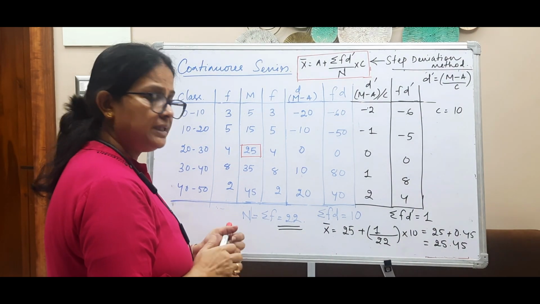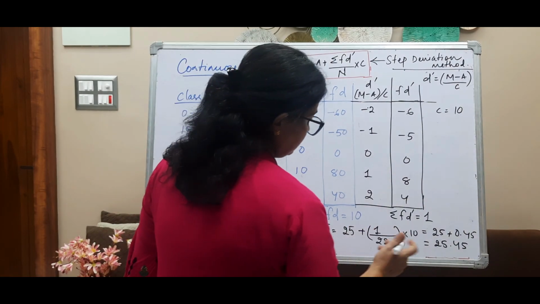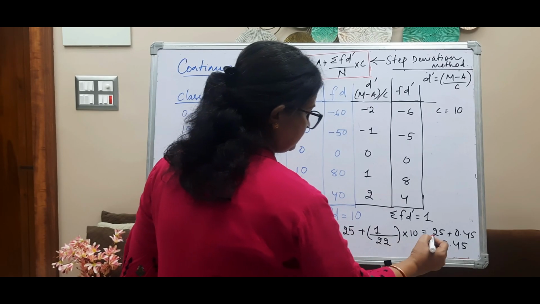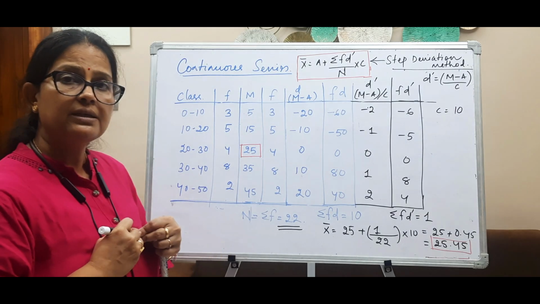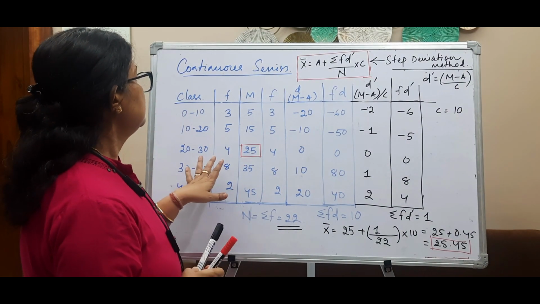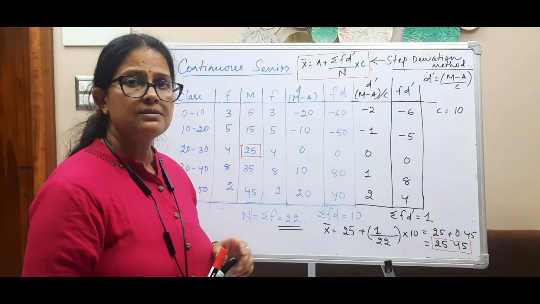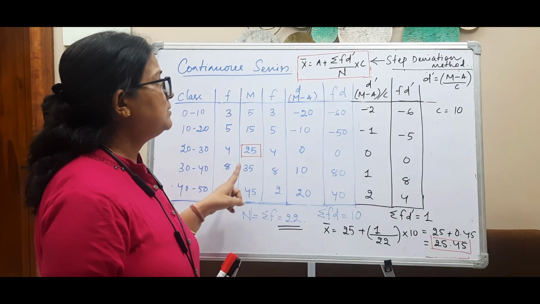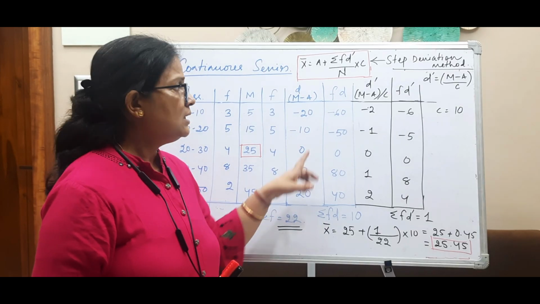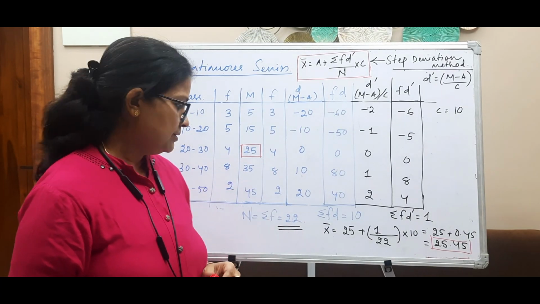So we have completed all 3 methods to calculate the average for continuous series: direct method, shortcut method, and step deviation method.